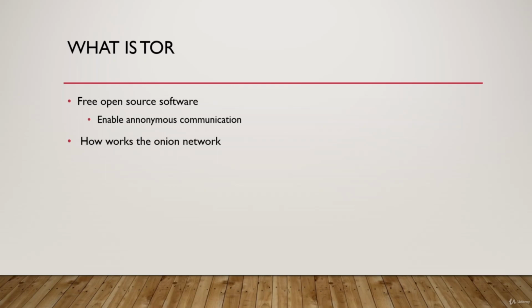When you use Google Chrome and you want to get access to Google, what's going to happen is that Google Chrome is going to send a request to Google's server, and the request will come back and give you access to Google. With the Tor browser, it is different. You will send a request to Google from your computer, but the request will go, for example, to a server or a computer in another country, and then another country, and then another country, and then finally go to Google.